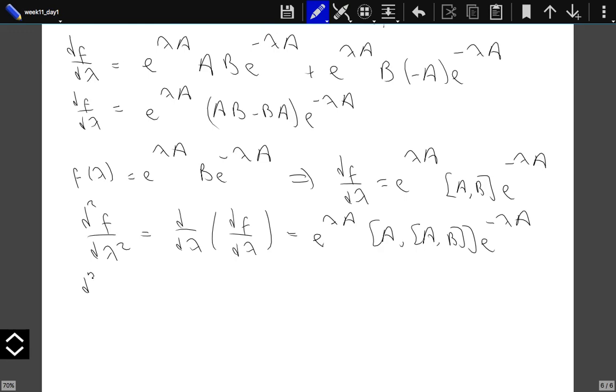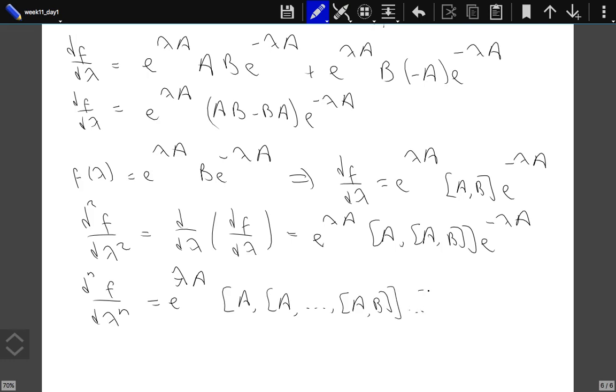Or if you want to take the nth derivative of f with respect to lambda, every derivative just adds one more commutator. So we have e to power lambda A on the left and e to power minus lambda A on the right.